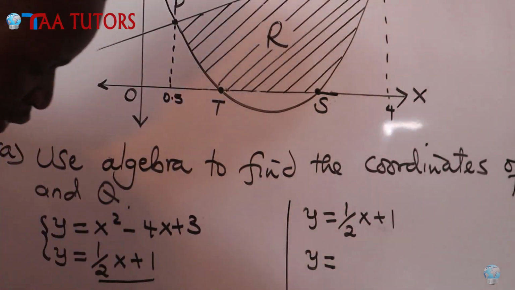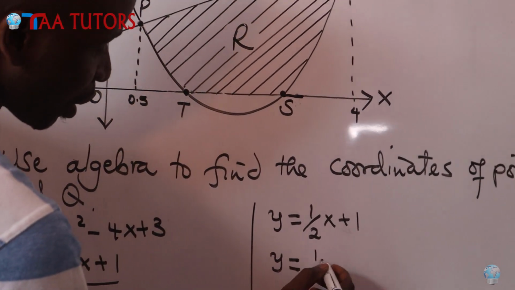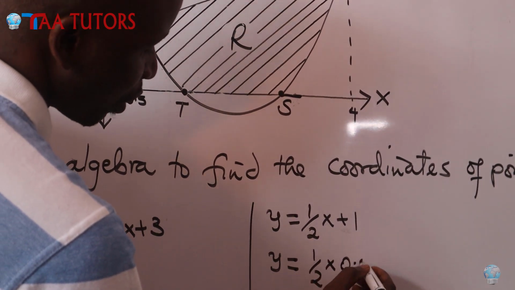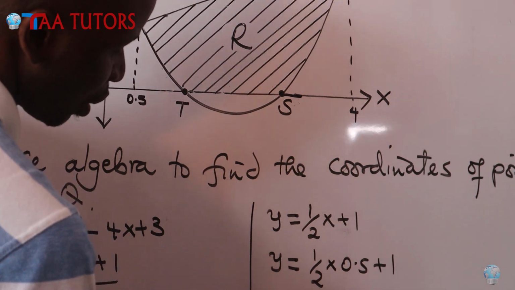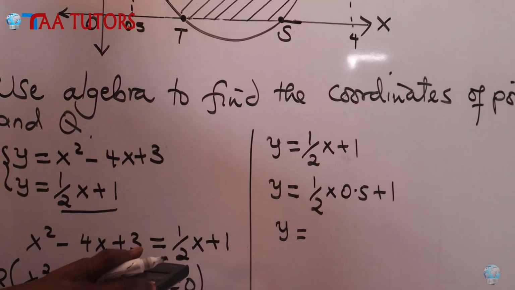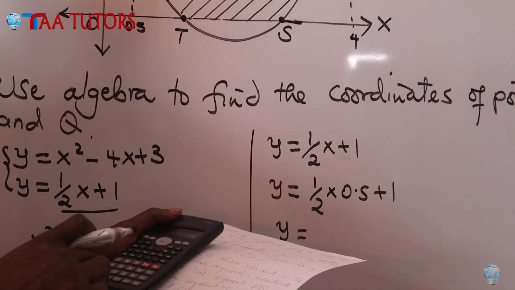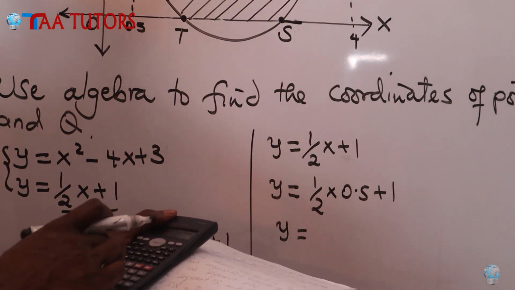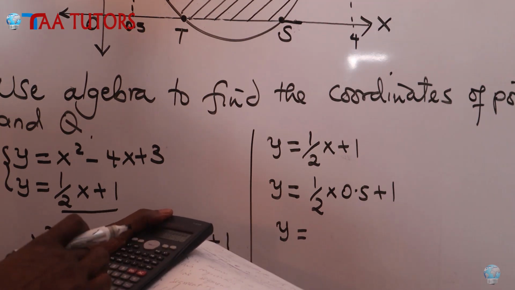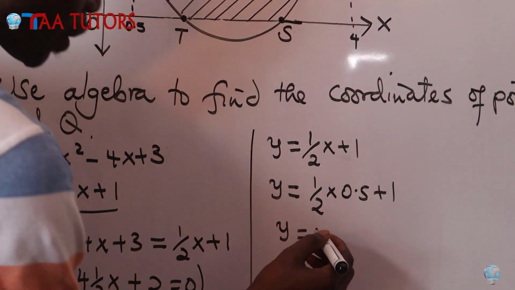So when x is 0.5, I'll get a half times 0.5, which is 0.25, then plus 1 is 1.25.